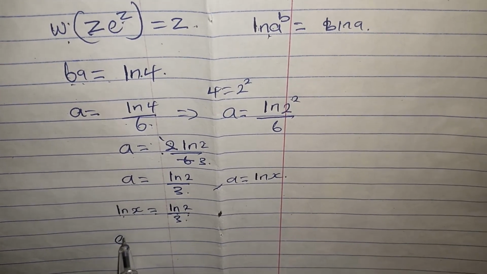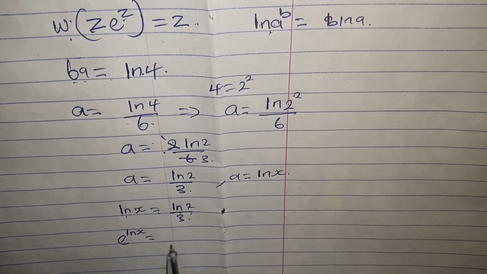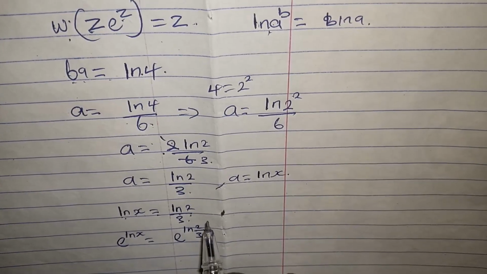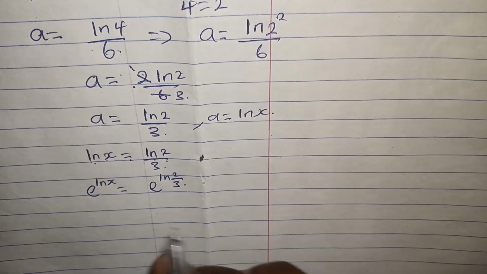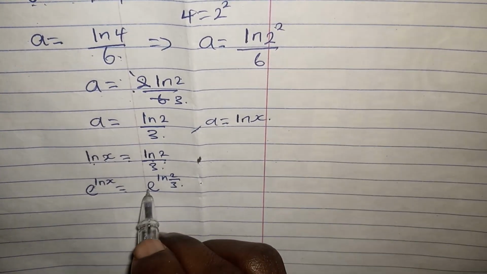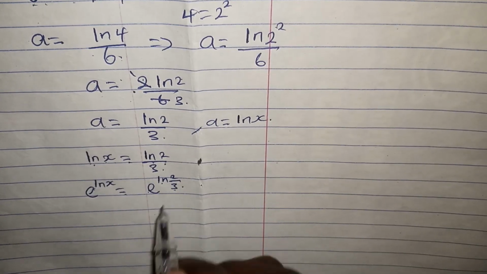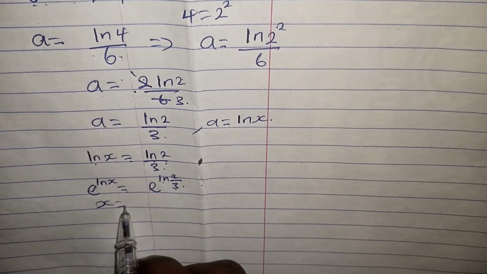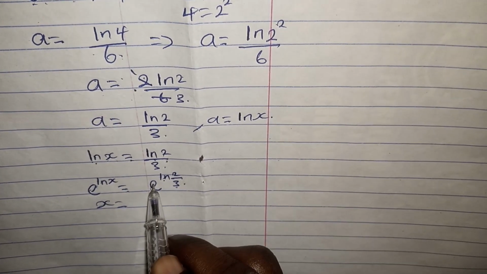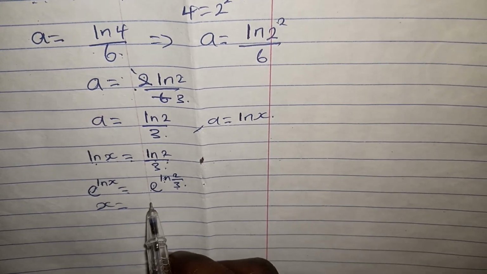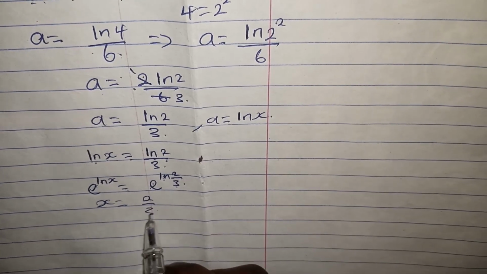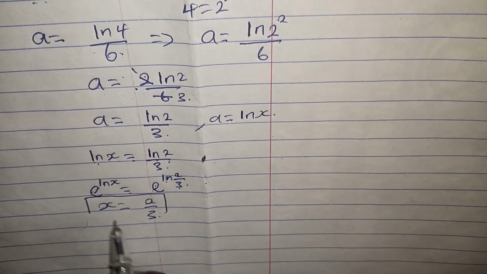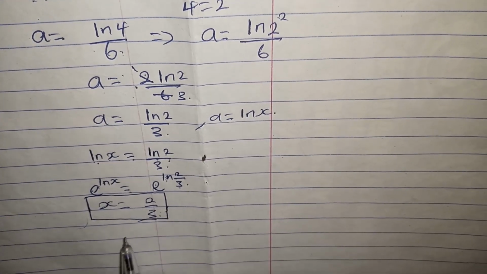So exponent of ln of x equals exponent of ln of 2 over 3. I know exponent will cancel ln. So we have x equals, and this exponent will also cancel this ln, we have x equals 2 over 3. So this is the value for x.